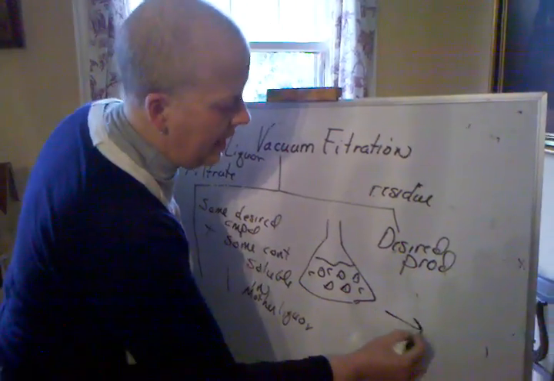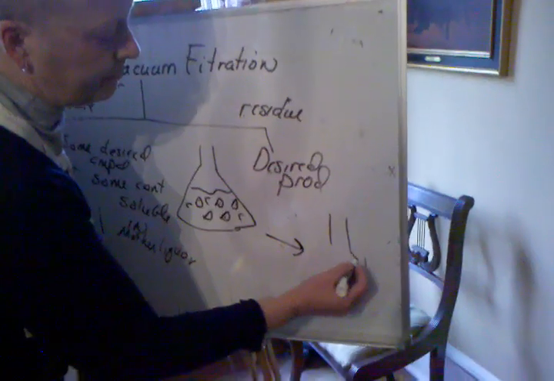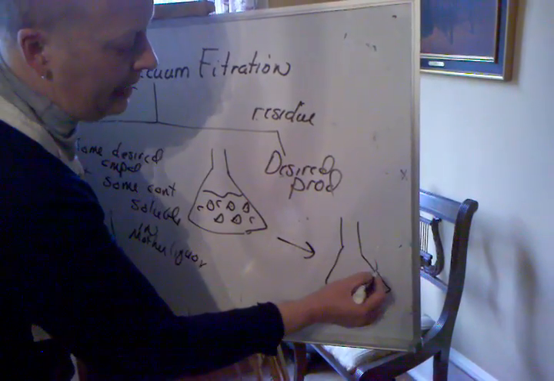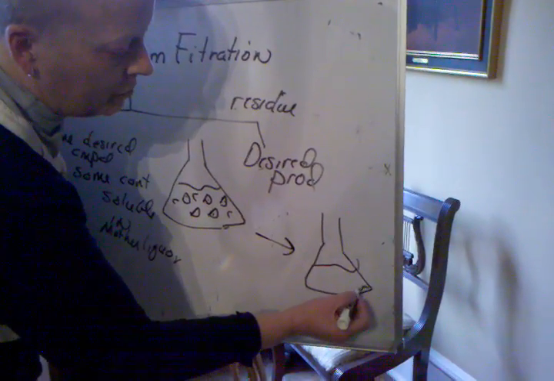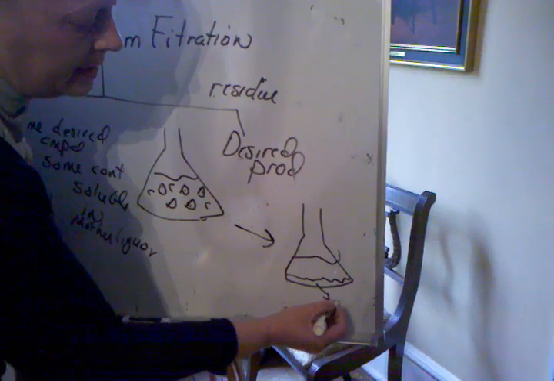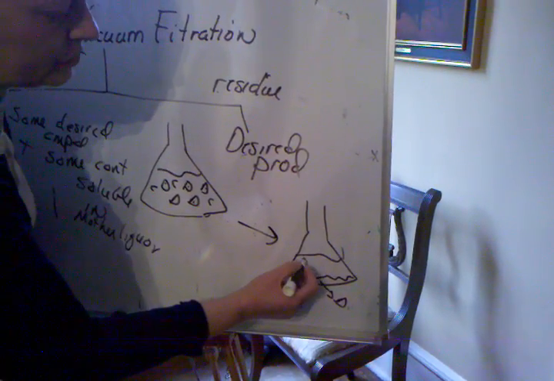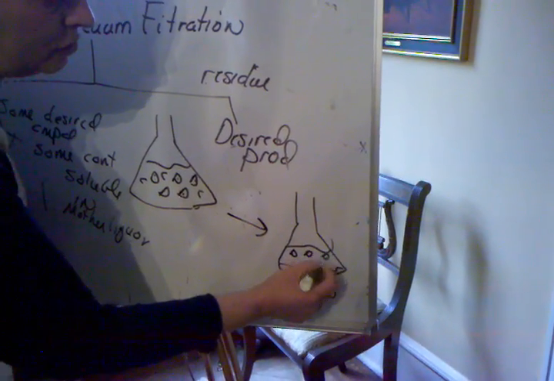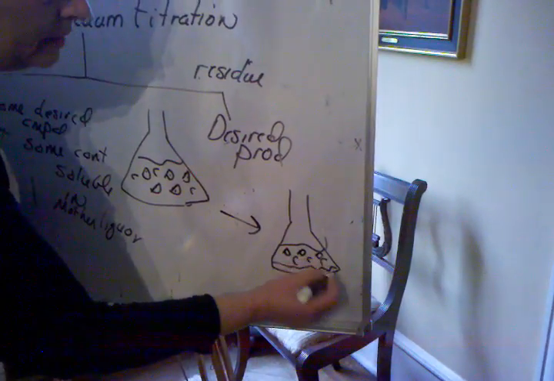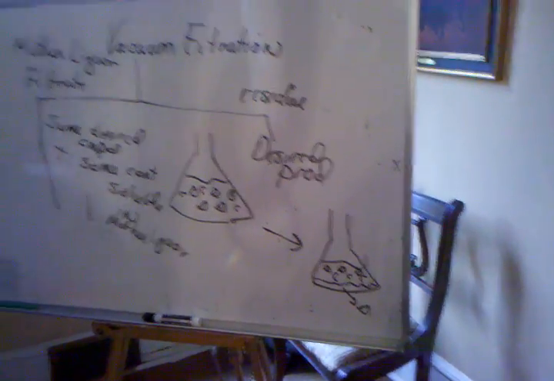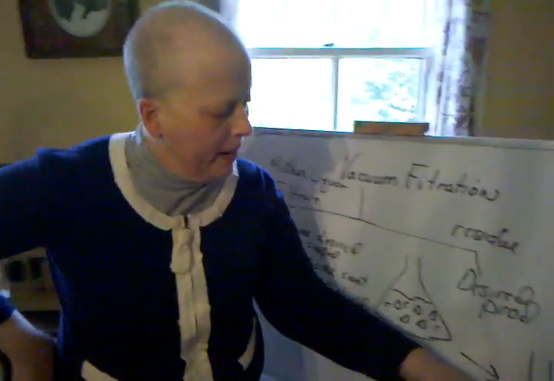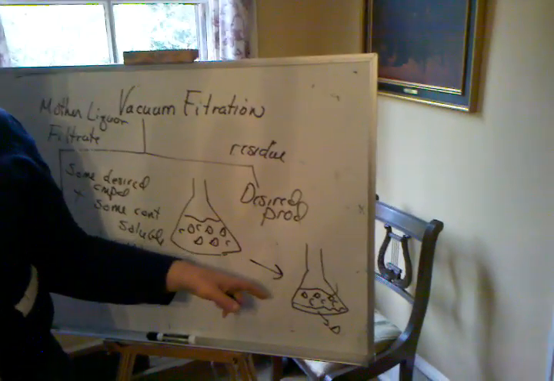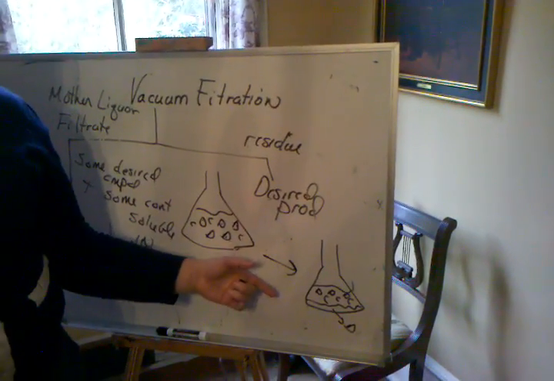So over time, what should happen is that you'll see in your flask, on the bottom, crystalline material, which is the desired compound, but realize there's still desired compound in the solution, and hopefully there's still contaminant in the solution, okay? I want you to be aware that the desired compound will have some finite solubility in that solvent at room temperature.